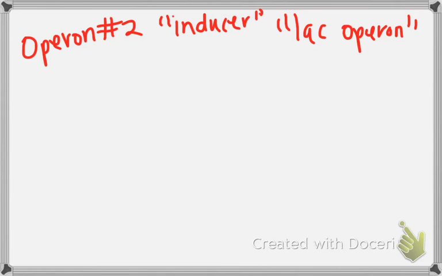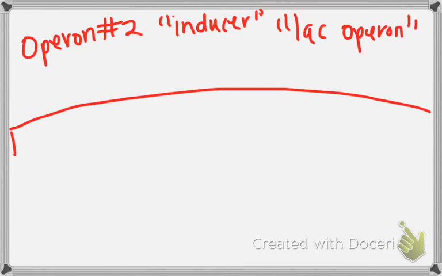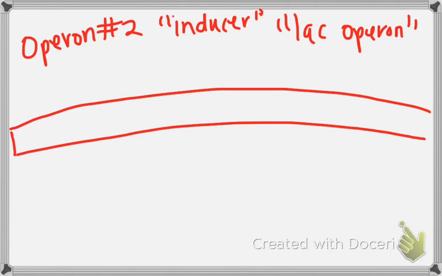And we're going to draw it. So if you want to, let's draw it again. Let's draw our operon. We're going to make a really long piece. Again, we're going to put promoter. And then, after the promoter, that's right, we have an operon.